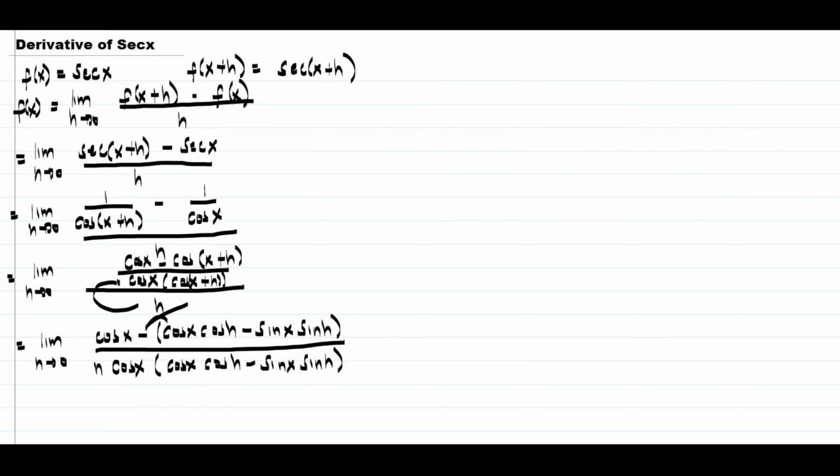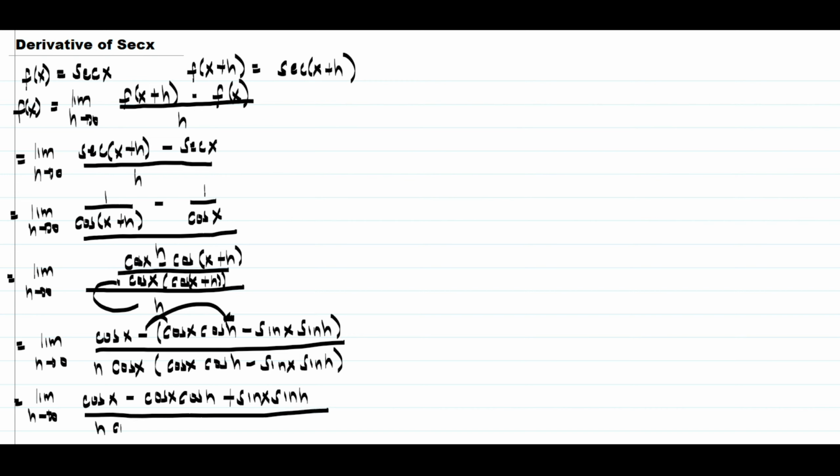So let us distribute the negative sign inside the parentheses. This will give us the limit as h approaches 0 of cosine x minus cosine x cosine h plus sine x sine h all over h cosine x times the quantity cosine x cosine h minus sine x sine h.